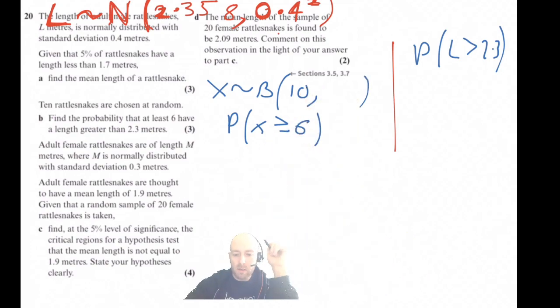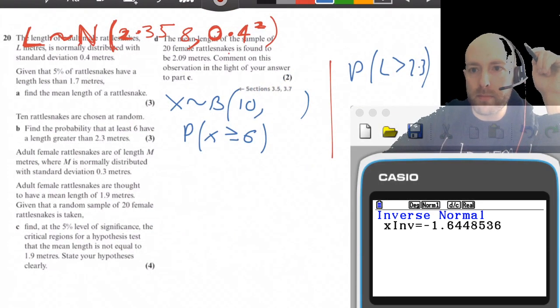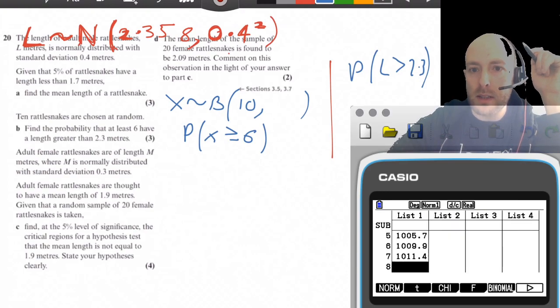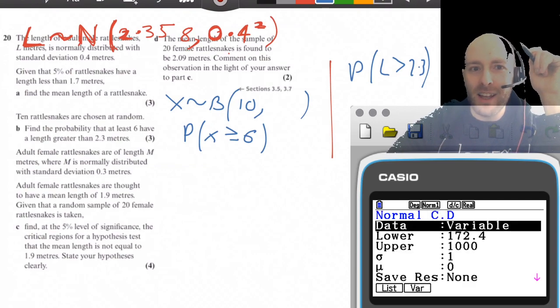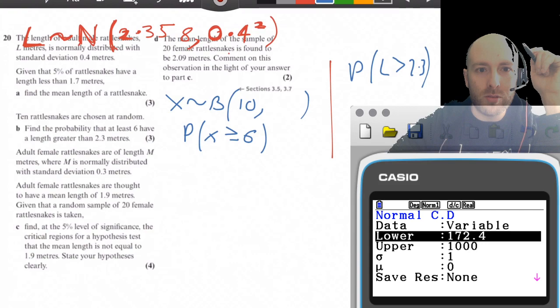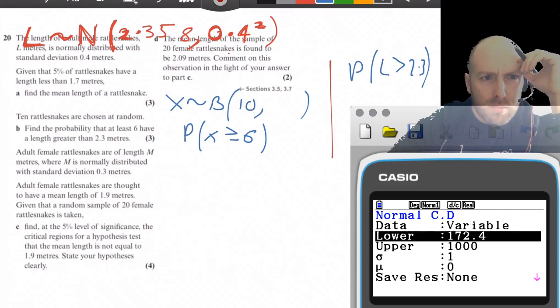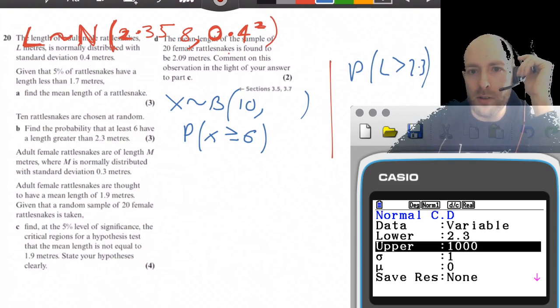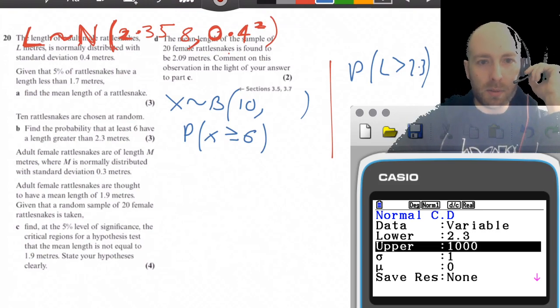So if we type all that in, it's NCD, lower, greater than 2.3, so lower is going to be 2.3. Upper 1,000, yeah, why not? A 1,000-meter long snake, that would be terrifying.